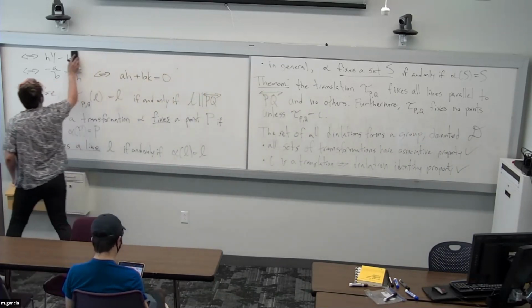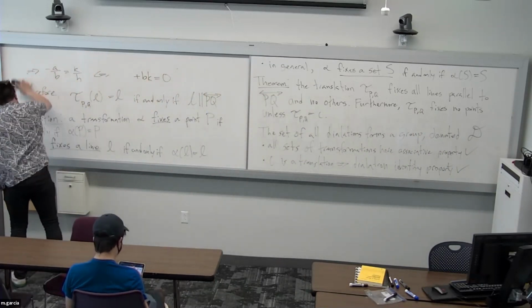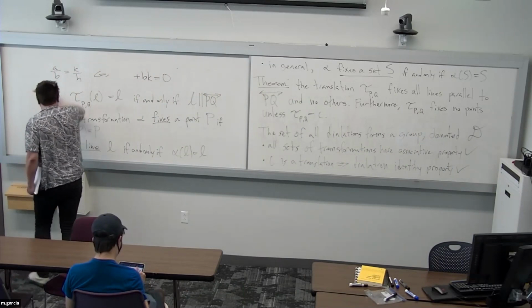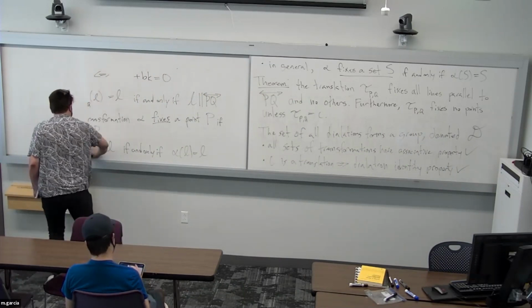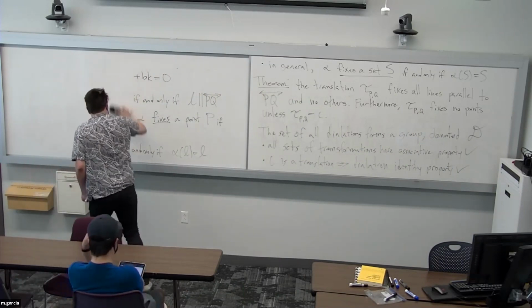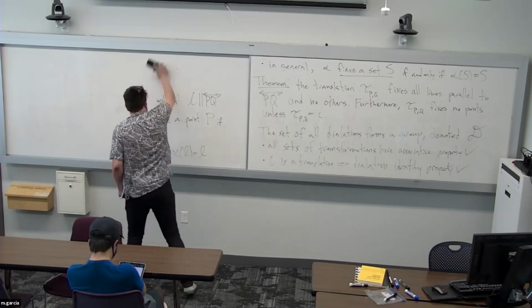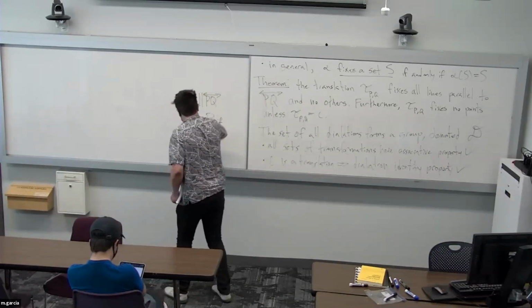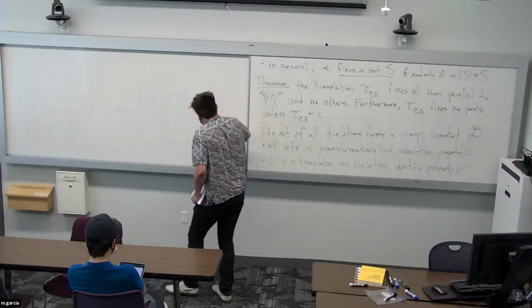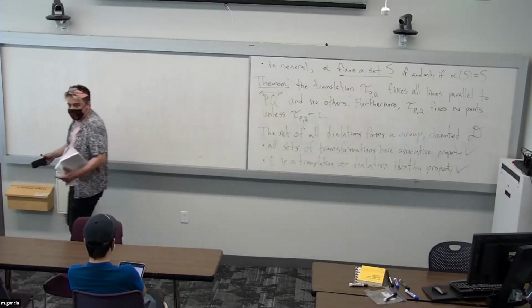Now how about the existence of inverses? If I take an arbitrary dilation and find its inverse, how do I know that's a dilation? It should also preserve slope. Yeah, that's what we want.